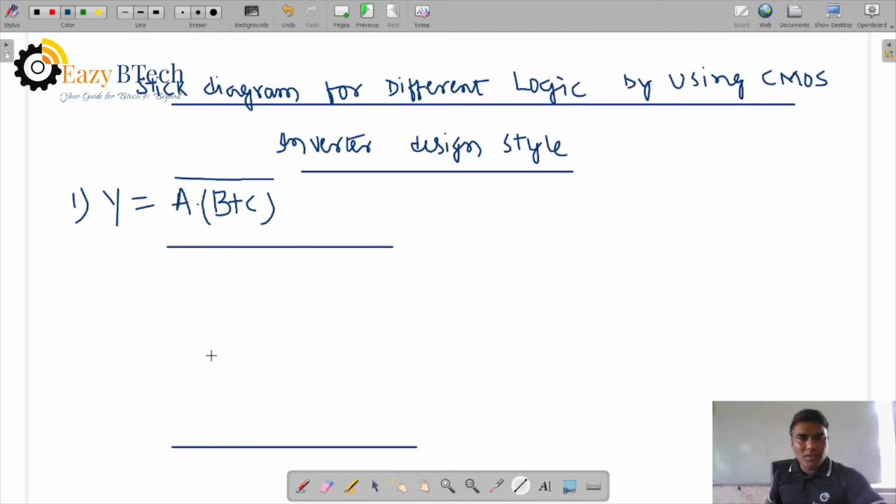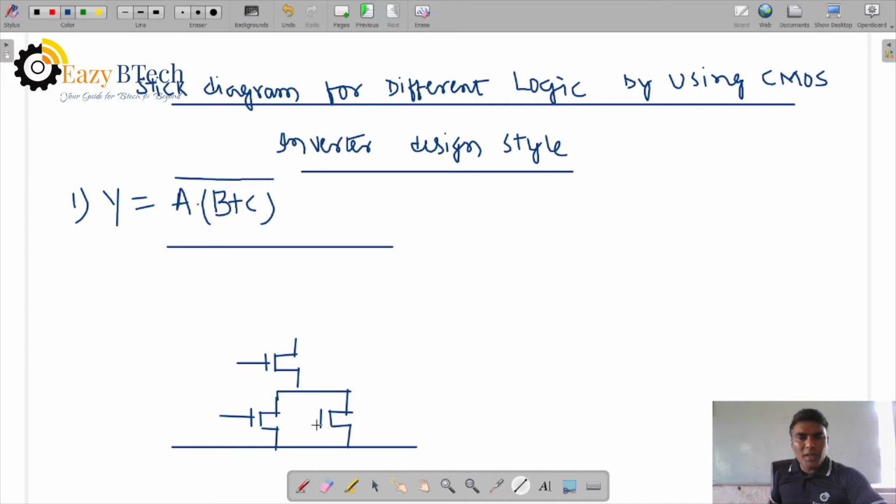We can draw this A into B plus C. So first A is in series, and B plus C are in parallel. You see this one. So A is series and the logic B plus C are parallel.